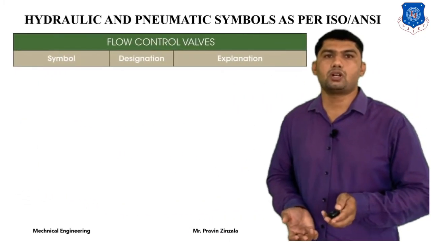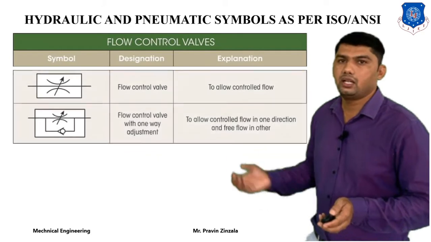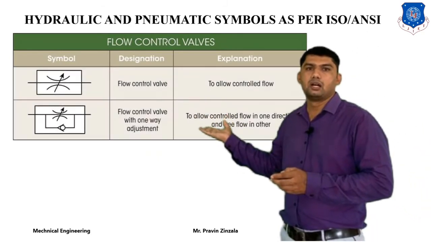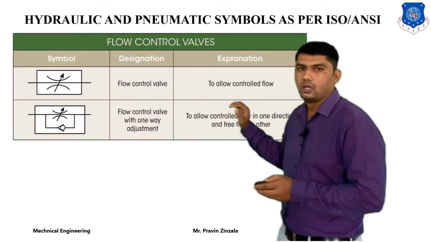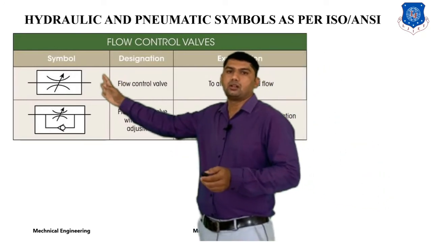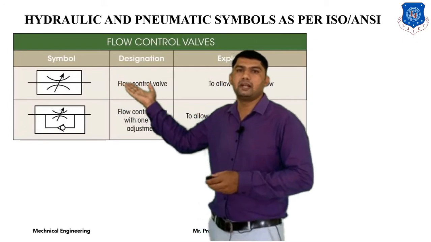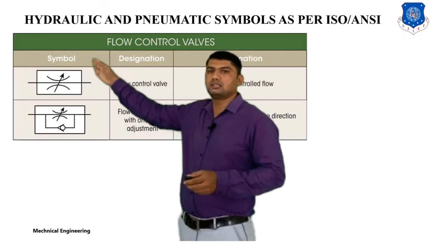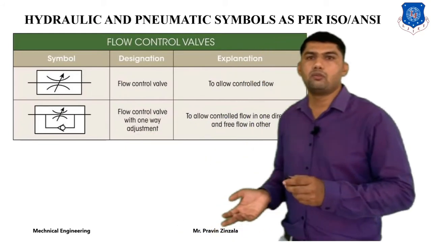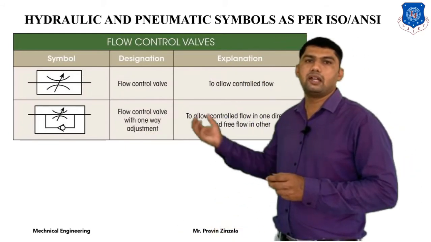Next is the flow control valve. Basically there are two types of flow control: fixed restriction and variable flow control valve. In a fixed flow control valve there is no cross arrow, while in a variable type flow control valve we draw the simple cross arrow. The second one is the flow control valve with one-way adjustment.